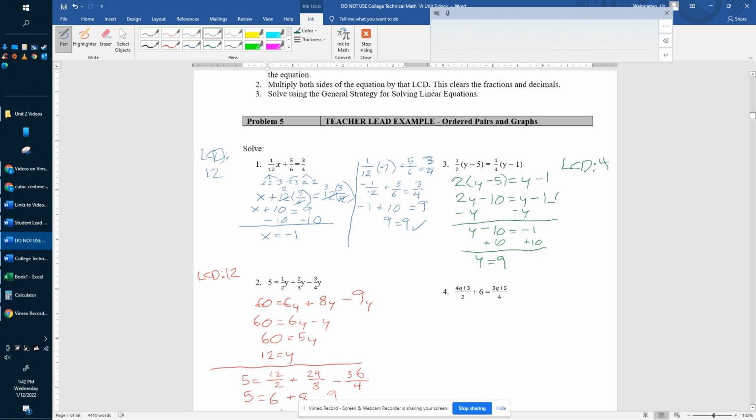We have 1/2 times 9 minus 5 equals 1/4 times 9 minus 1. What's 9 minus 5? 4. 9 minus 1 is 8. 1/2 of 4 is 2. 1/4 of 8 is 2. It checks out. We are good to go.